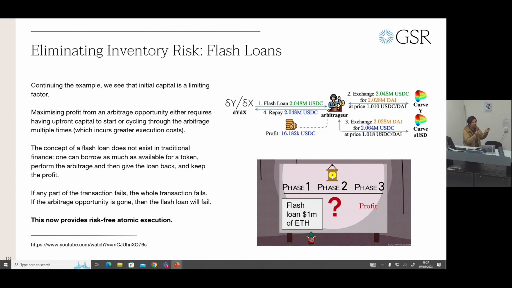I don't need to worry about having the capital upfront to pay for that. What I can do is just get a flash loan of, let's say, $10 million, and use that to trade away the arbitrage and balance the markets, and keep the profit for myself whilst I give back the original $10 million.